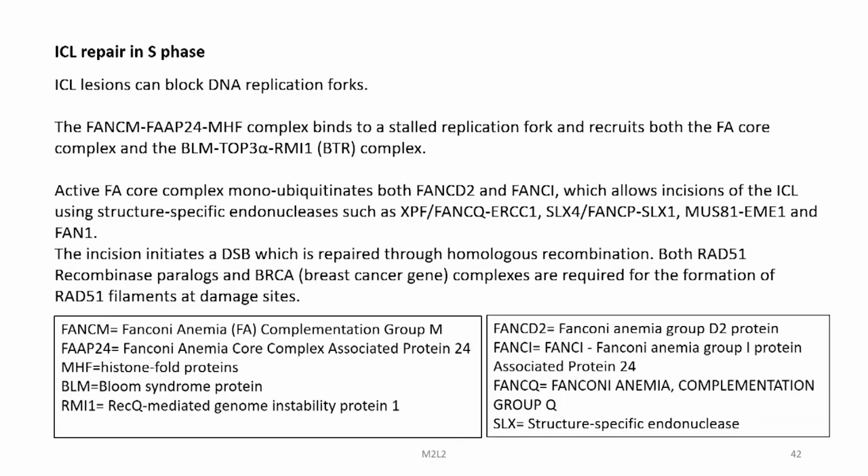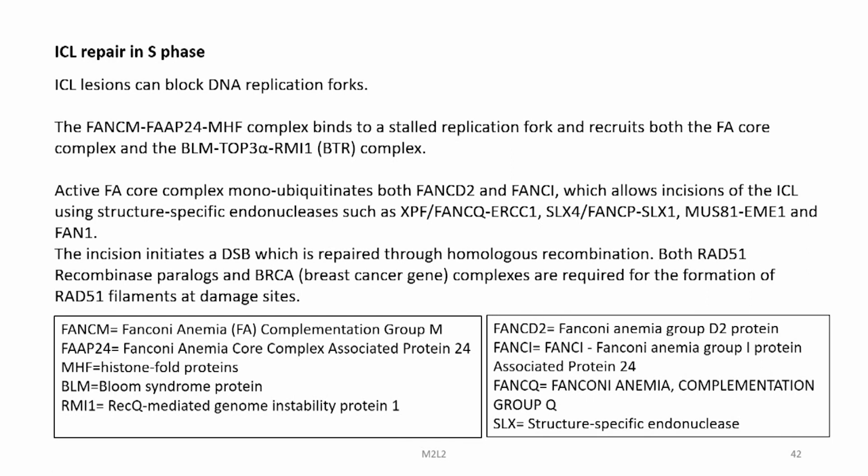ICL repair in S phase. ICL lesions can block DNA replication forks. The FANCM-FAAP24-MHF complex binds to a stalled replication fork and recruits both the FA core complex and the BLM-TOP3alpha-RMI1 BTR complex.